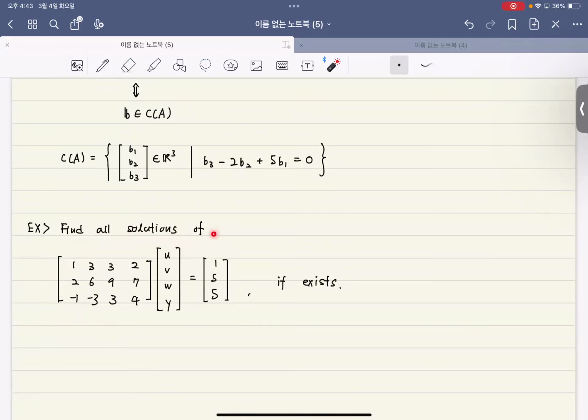Let me try to find every single solution of this system. Well, the first thing you will need to check is if the right-hand side is indeed a member of the column space or not. Is it?